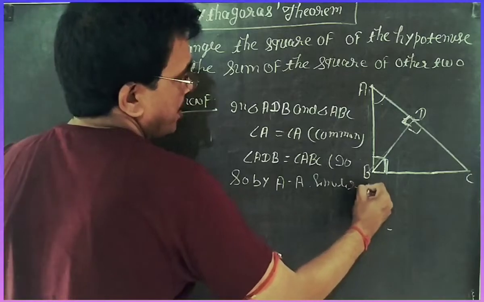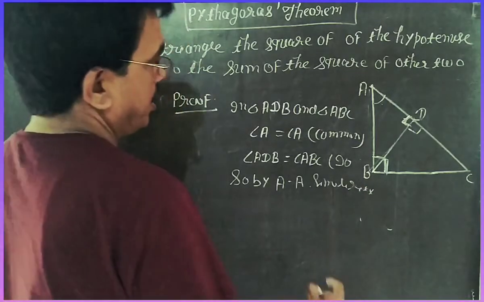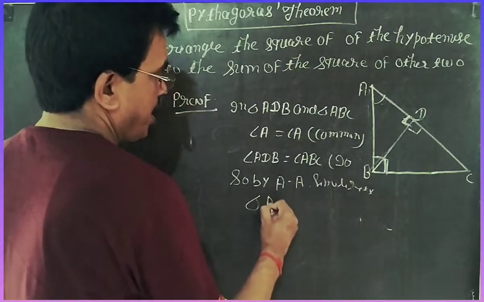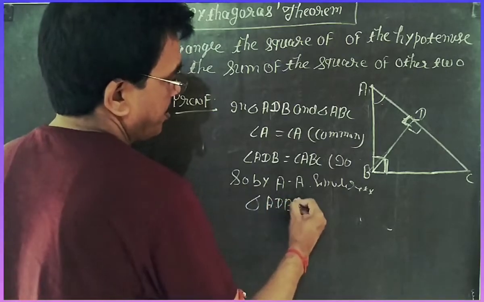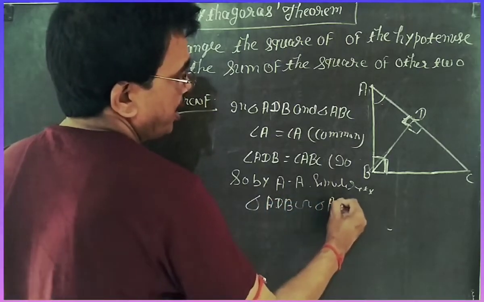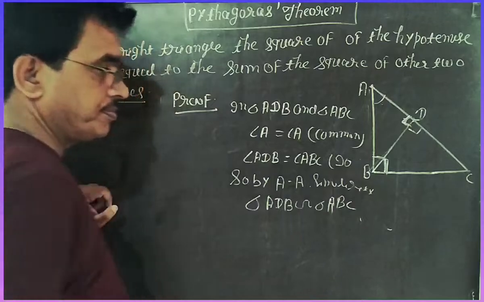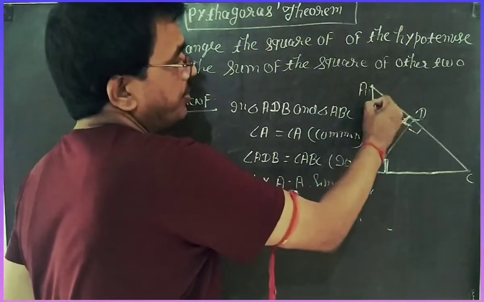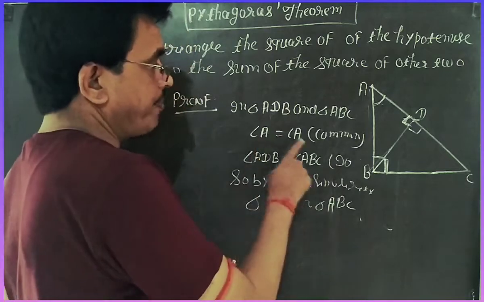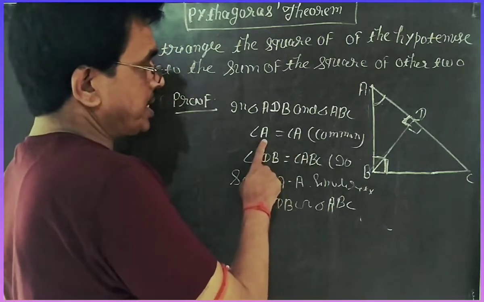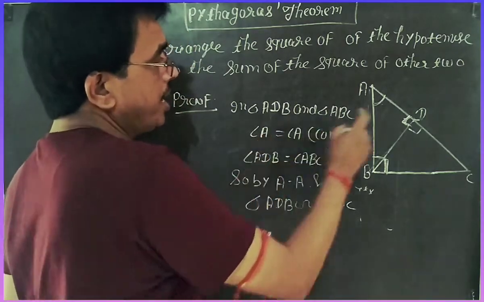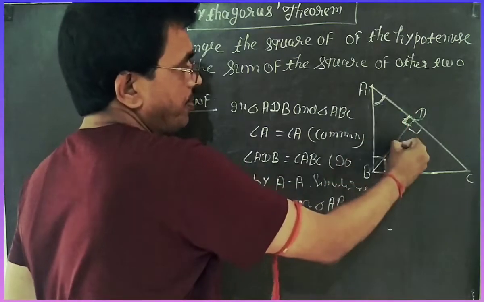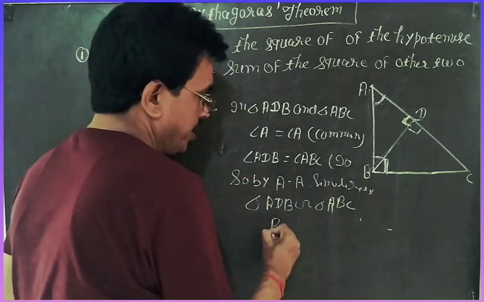triangle ADB is similar to triangle ABC. If triangles are similar, then you take the relation of their sides with the help of the angle. So here is angle A, is angle A. Angle A in a small triangle, opposite of A is BD.